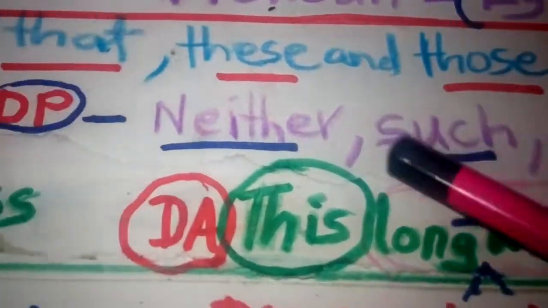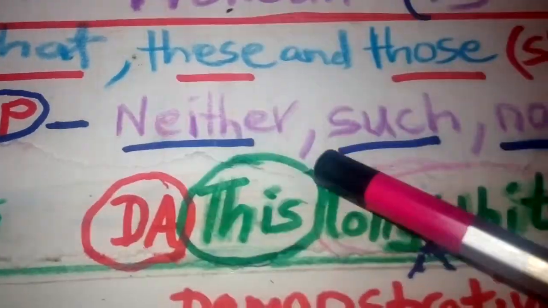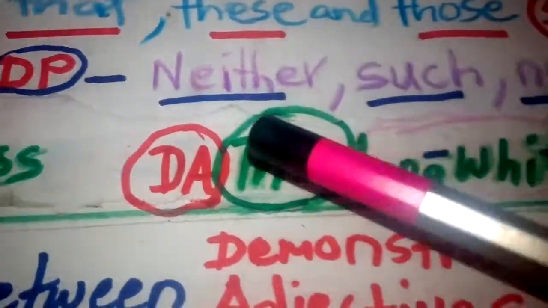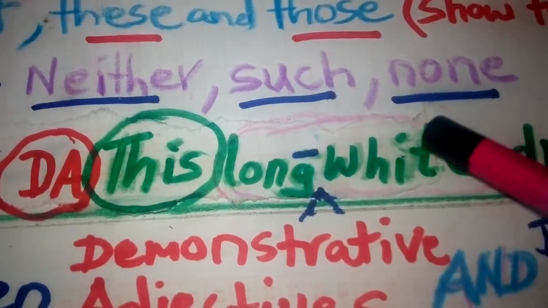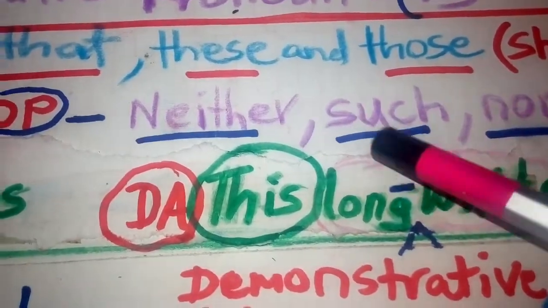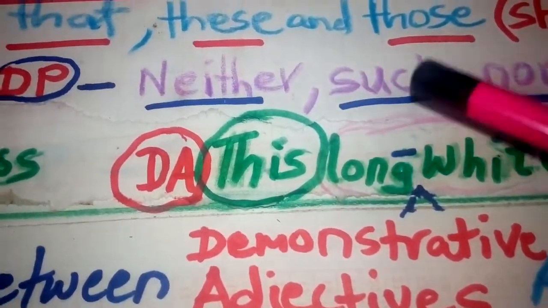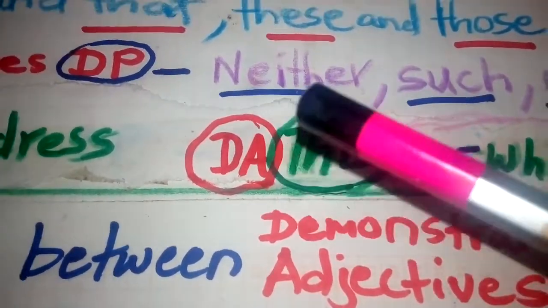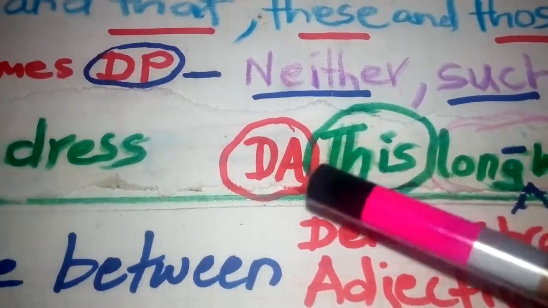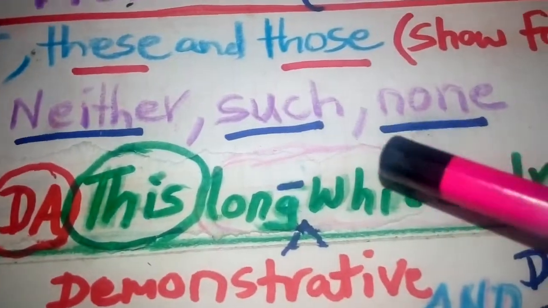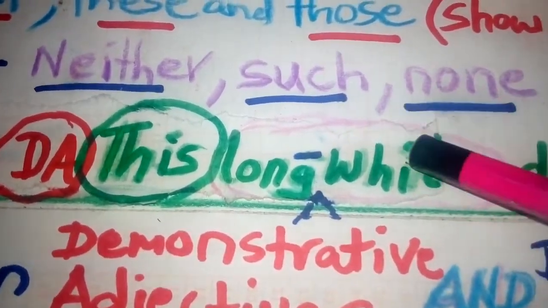We don't have them in the Igbo language. This is only English. Examples are: such is life. Neither side is good, or neither is good. Or none is good.